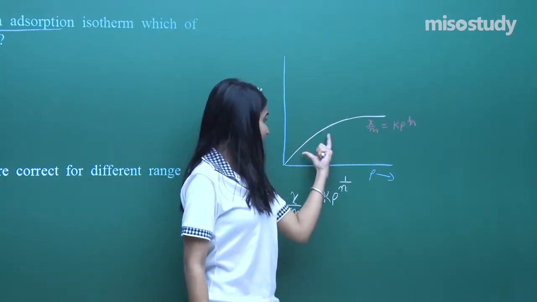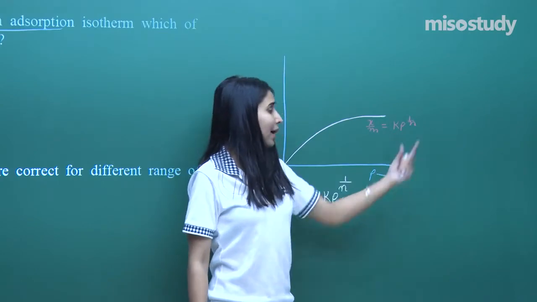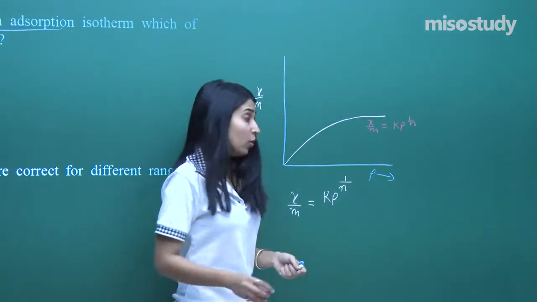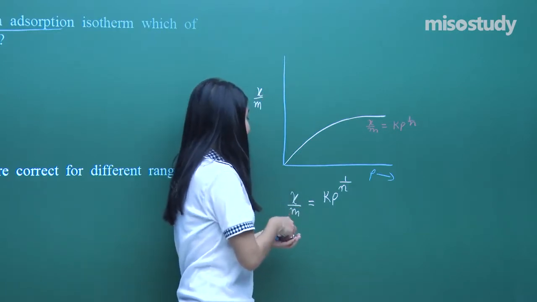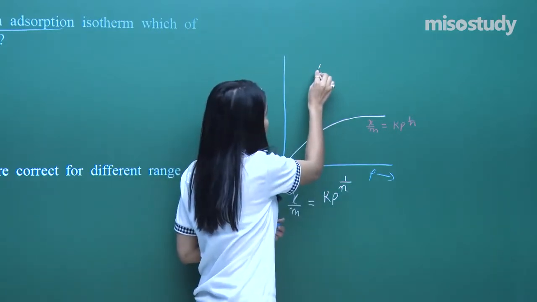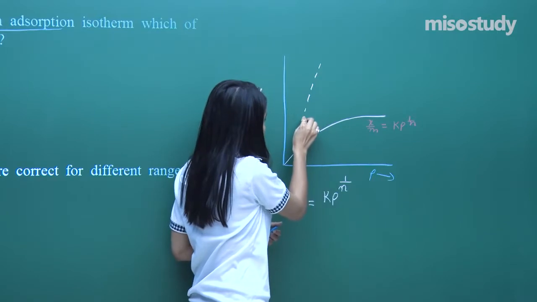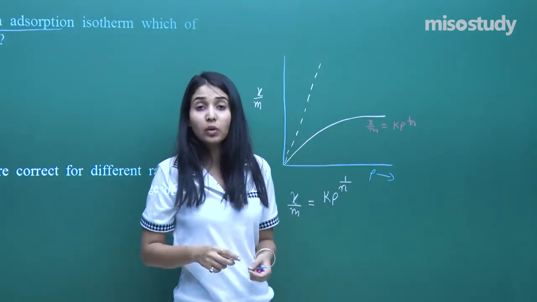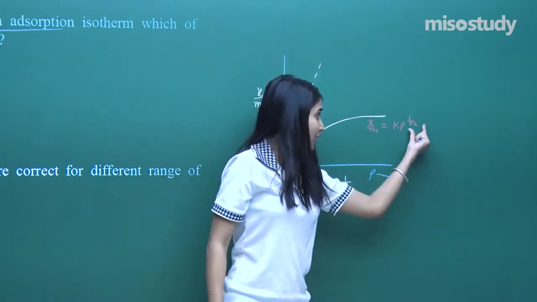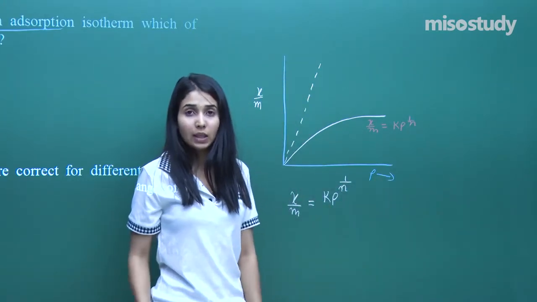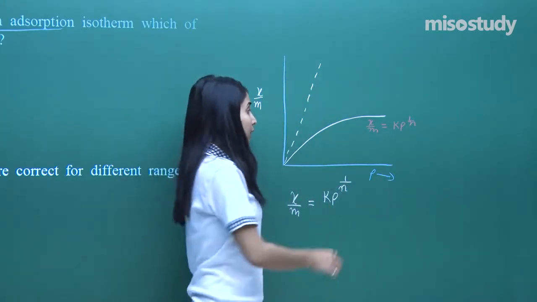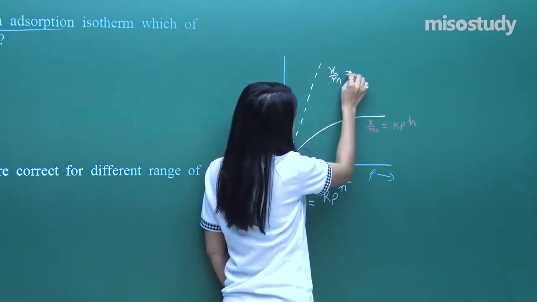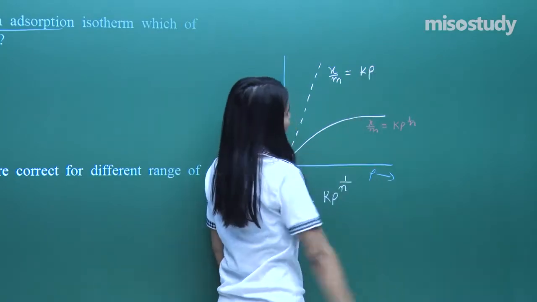Now, this is the case where simply P to the power 1 by n is applicable, a fraction. What if I get a straight line? If I'm talking about the low pressure range or the high pressure range, what would happen? That means, just assume, if I have the value of n equal to 1, what would I get? That would simply give me x by m is equal to Kp.